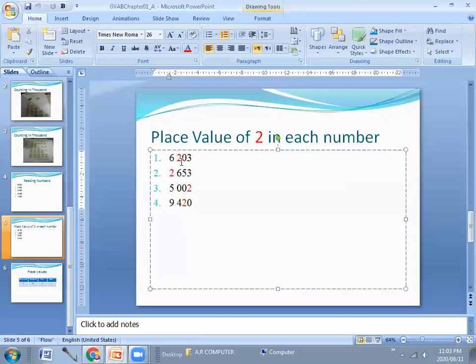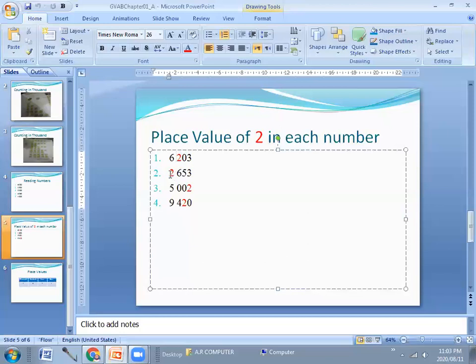So the place value of 2 is 100. But if I ask you, what is the value of 2? You should say its value is 200. Its place value is 100, but its value is 200.